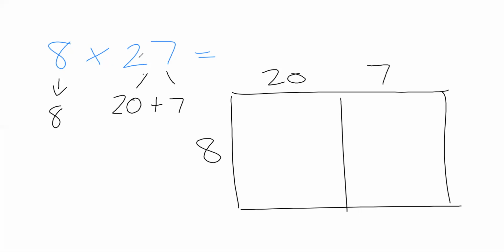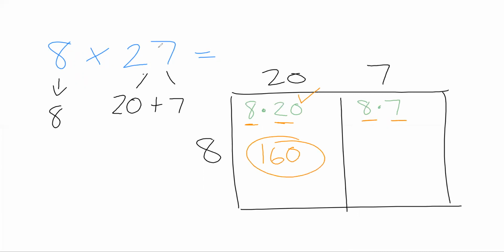Now I'm just going to multiply each row by each column and get the answers. And again, this is that base 10 multiplication. This is a row of 8 times a column of 20. This is a row of 8 times a column of 7. So let's do that math. 8 times 2 is 16, and then there's a 0, so I have one more 0 on it, so it's 160. 8 times 7, let's see, 7 times 7 is 49, so one more 7 would be 56, and there's no zeros, so I just keep 56.